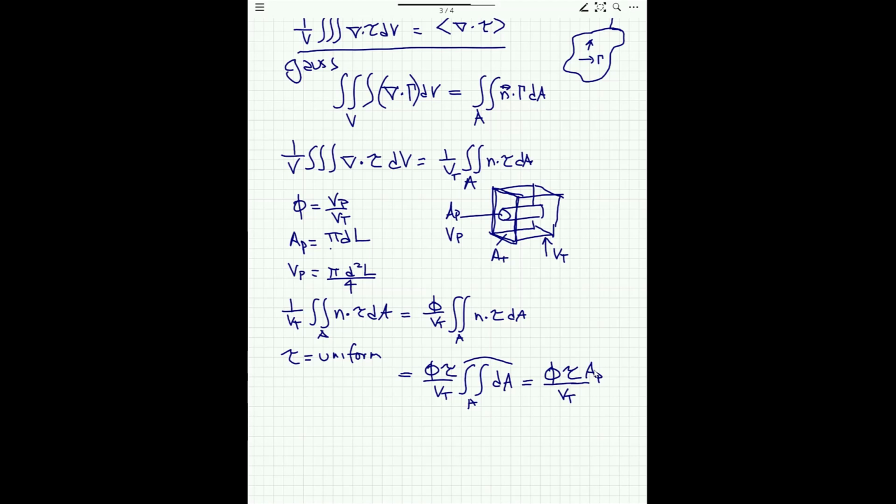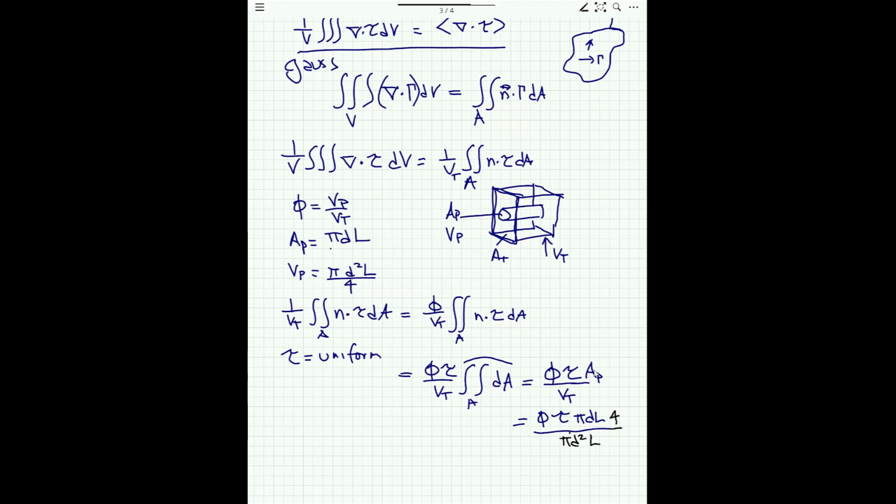Okay, and that's going to be equal to the area of the pore, pi d L, over the volume of the pore, pi d squared L over 4.